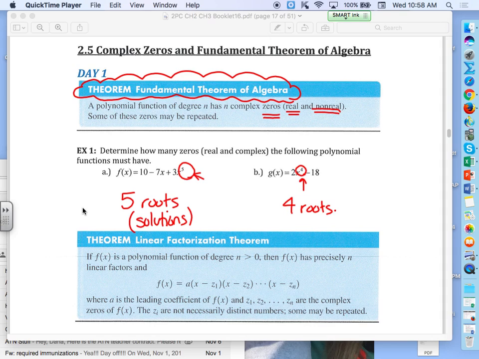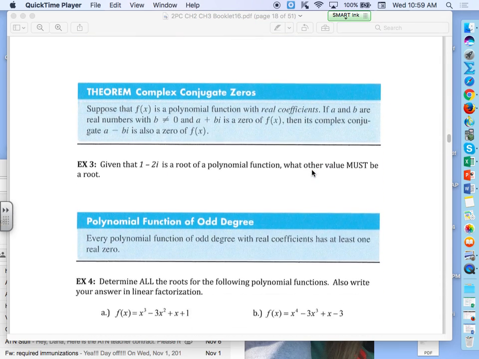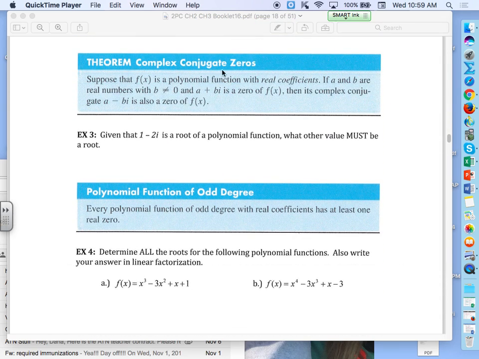Okay, we're going to skip the next part on linear factorization. I'll talk about that as it happens. Let's go on to the next page. This is complex conjugate zeros, and we'll get back to this again in the next day or so.